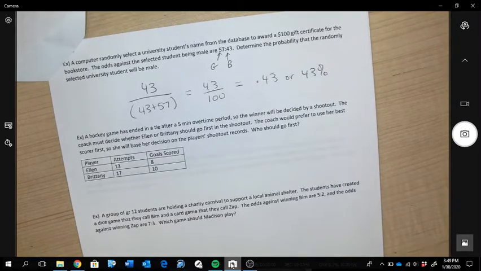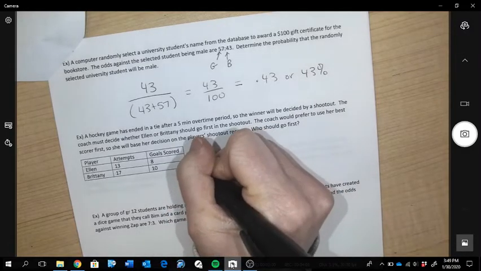A hockey game is ended in a tie after a 5-minute OT period, so the winner will be decided by shootout. The coach must decide whether Ellen or Brittany should go first in the shootout. The coach would prefer to use her best scorer first, so she will base her decision on the players' shootout records. Who should go first? Okay, so I would like to figure this out by using probability.